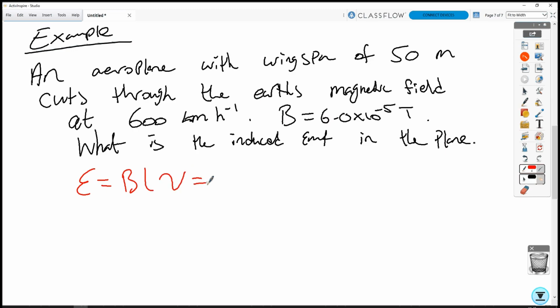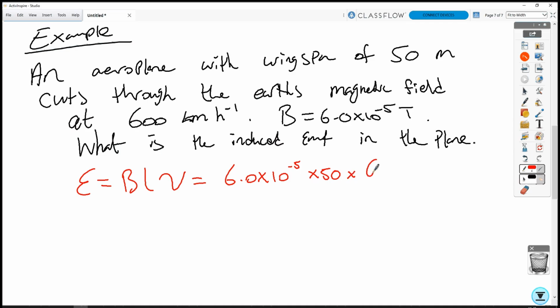So the flux density is 6.0 times 10 to the minus 5 Tesla. The wingspan is 50 meters, so we times that by 50. And then the airplane is flying at 600 kilometers per hour in this field. So we have to convert that to meters per second.